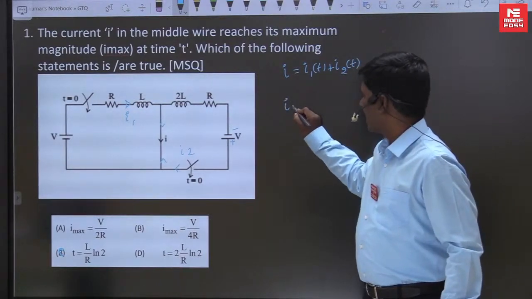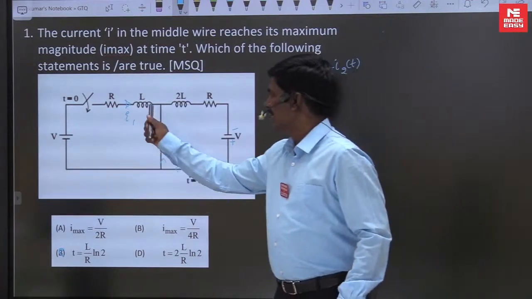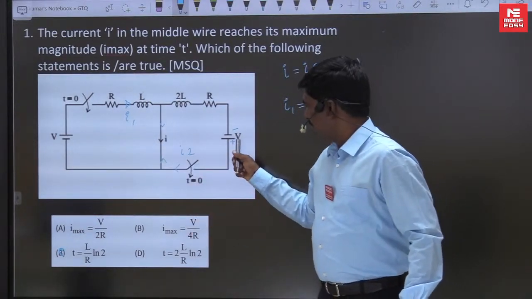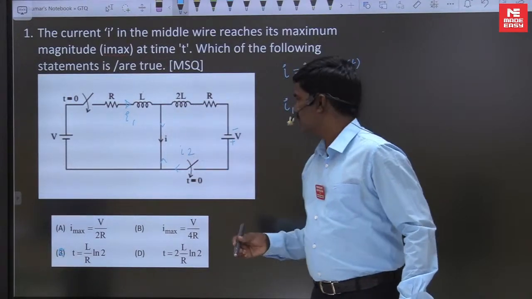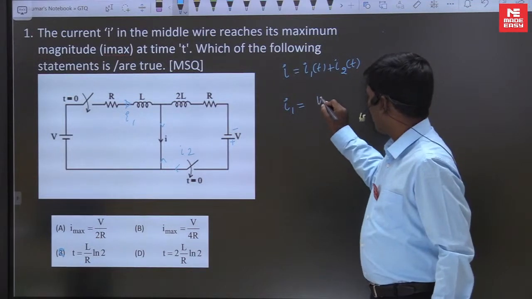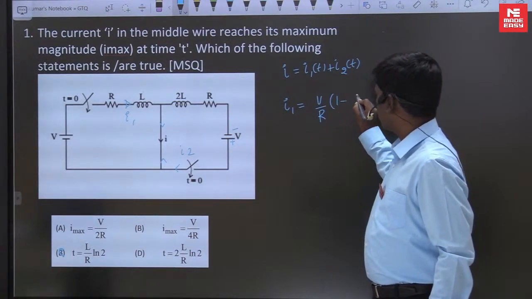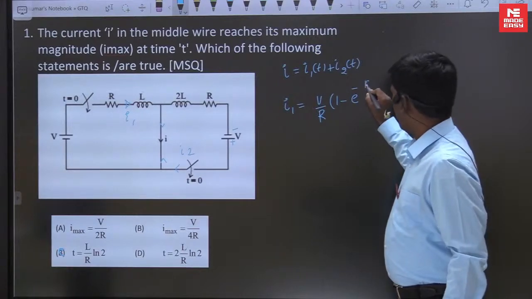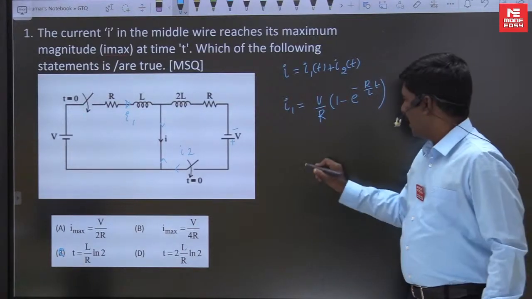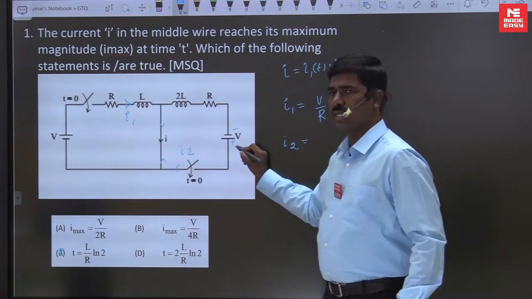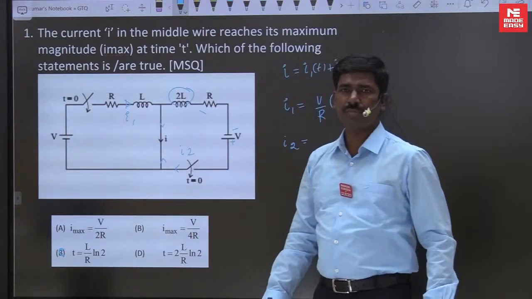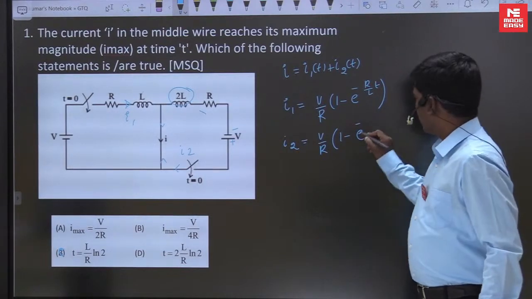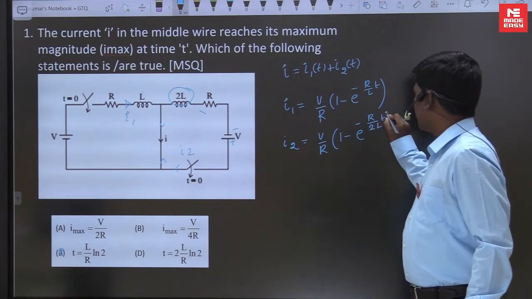So I1 is directly the final value V by R. In the final state, as T tends to infinity, the inductor acts as a short circuit, so the total current is V upon R. Here also, same V upon R. So V by R into 1 minus e power minus t by tau, where tau is L by R, so R by L into T. I2 is the same, the voltage is the same, only the change is 2L here. So I2 is V by R into 1 minus e power minus R by 2L into T.